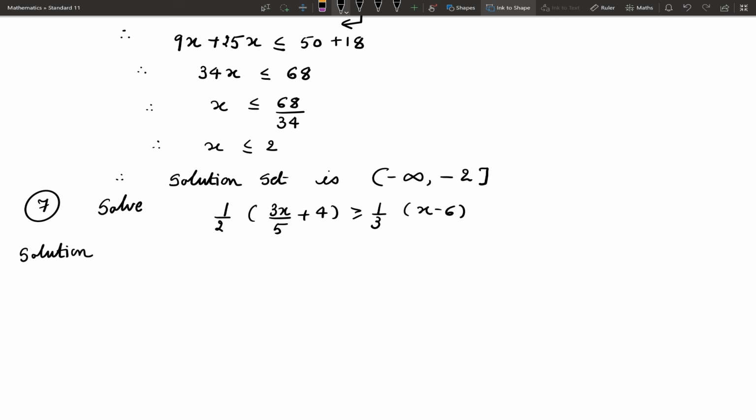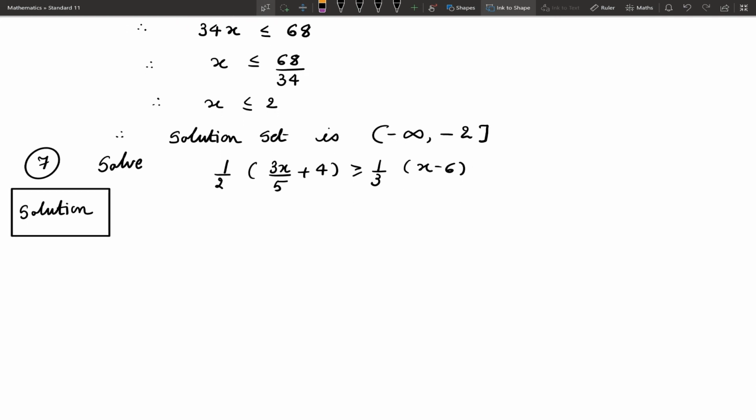Solution. We have given 1/2 into bracket 3x by 5 plus 4, 1 by 3, x minus 6. Now we simplify.